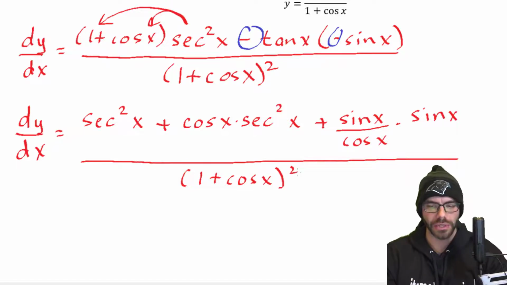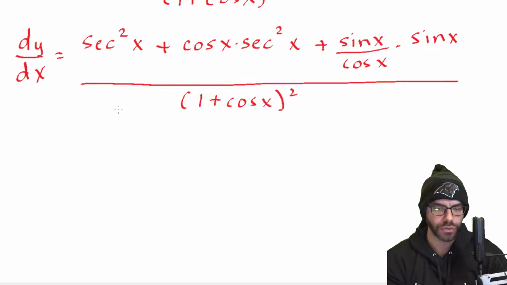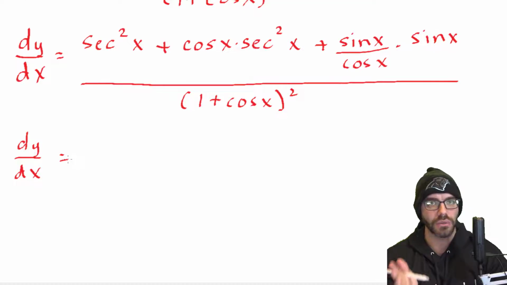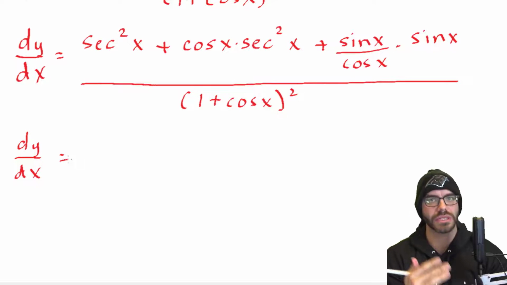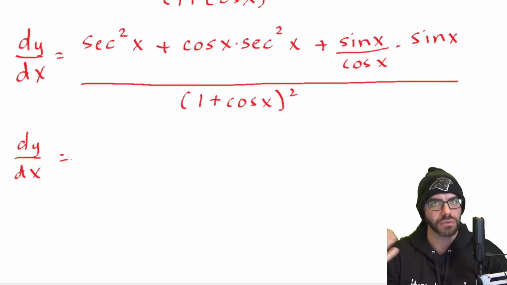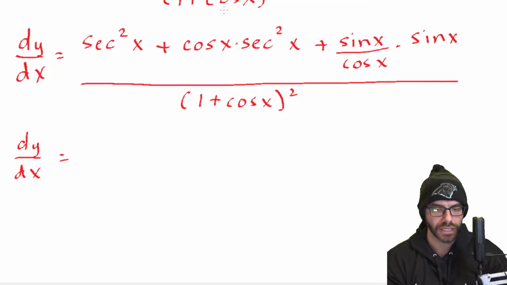And now there's so many different routes you can take, but here's what we want to do. We want to just reduce a little bit, just do a little simplifying here. There's some things that we can clean up, make this look a little nicer. Now we don't want to continue to change things around because like I said, there's so many different ways of representing the same quantity using trig functions. Therefore, we just want to clean it up just a little bit, but don't try to simplify it so much where you make mistakes. All right, so we have secant squared.